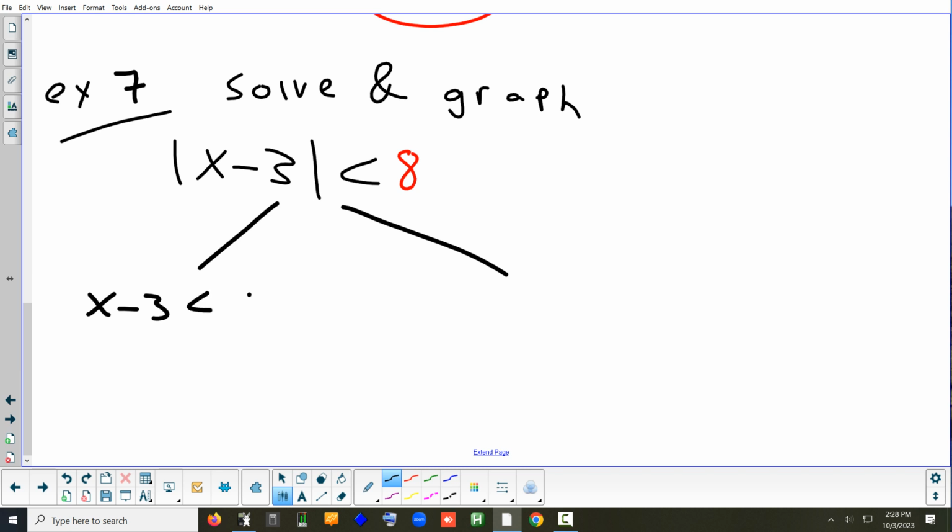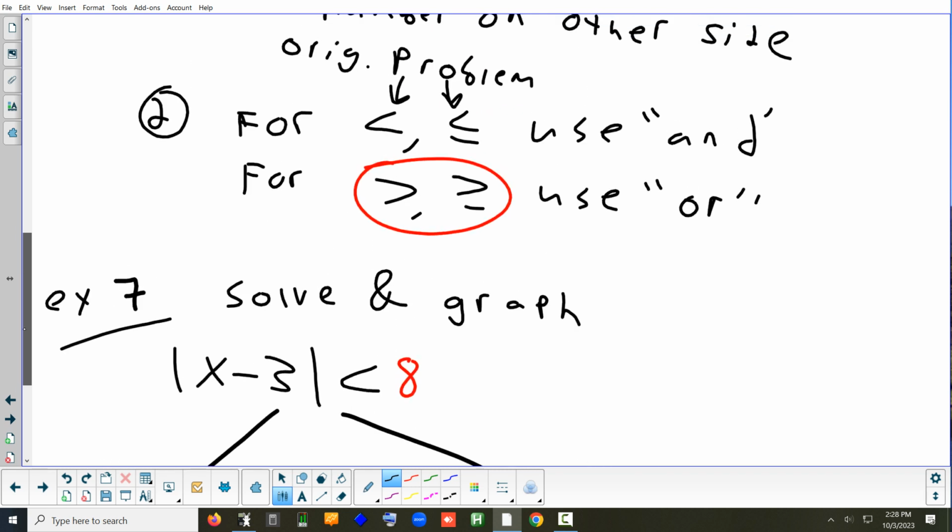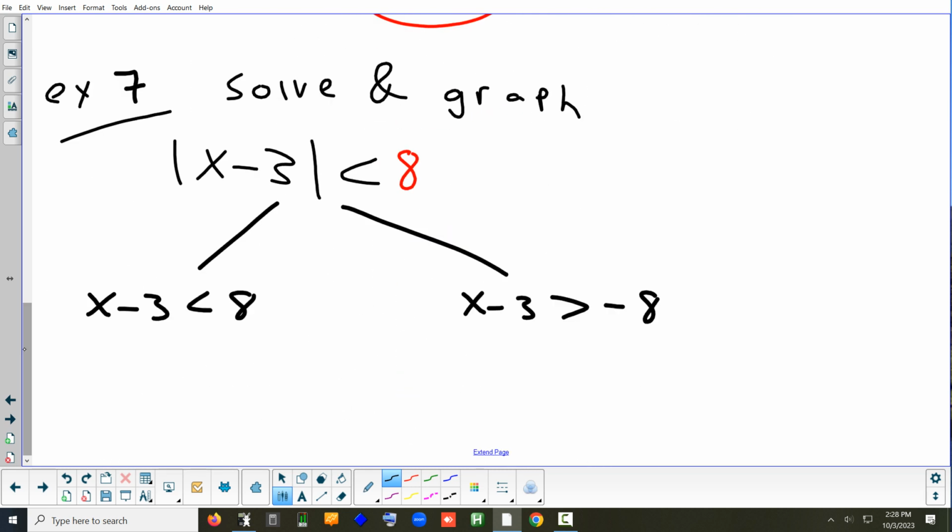Yep. And what about the second inequality? X minus 3 is greater than negative. Flip the sign and make the other number negative. Now, so we don't forget the word, that's a less than. What word goes between them? And. That makes a big difference whether you put and or or.